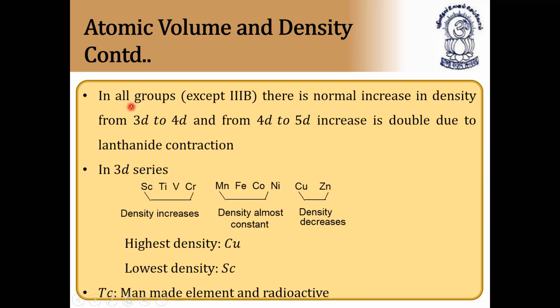So, atomic volume and density continuation: in all groups except 3b, there is a normal increase in density from 3d to 4d, and from 4d to 5d the increase is double due to lanthanide contraction. So this is also one more effect of lanthanide contraction.